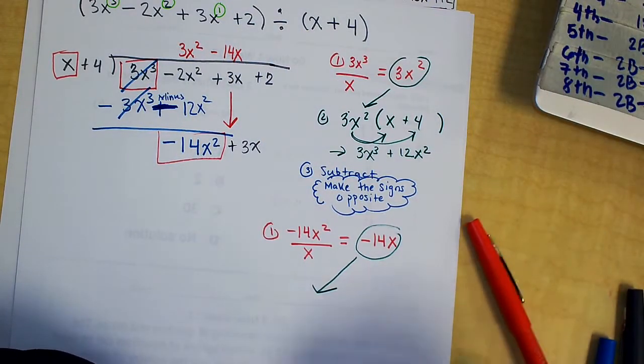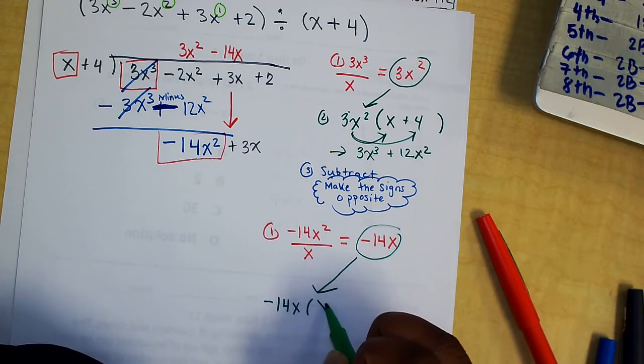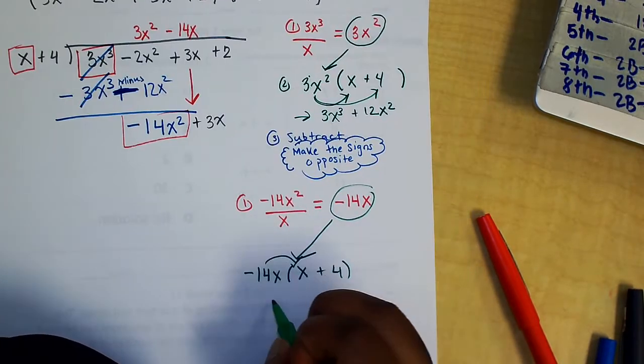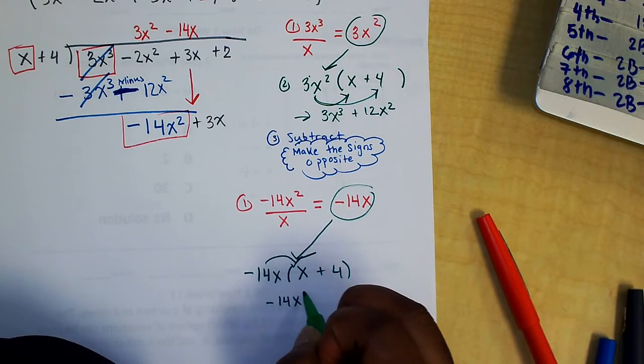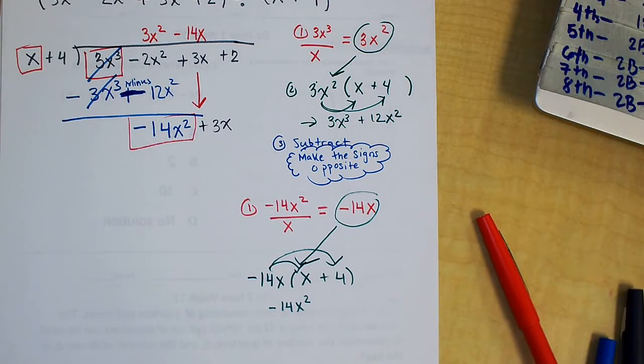All right. So now let's multiply negative 14x times x plus 4. And I know this is going to be negative 14x squared. And this, I need to get my calculator. I don't know how to do this by heart.